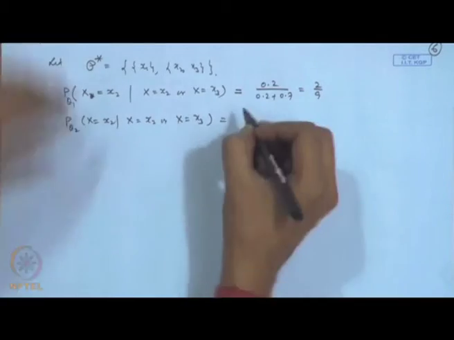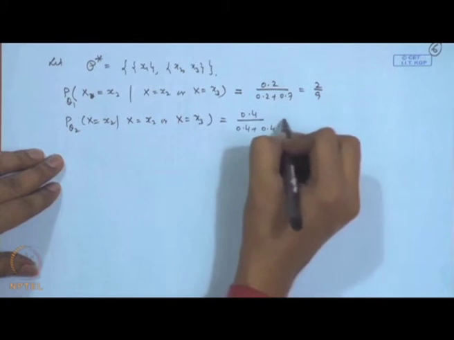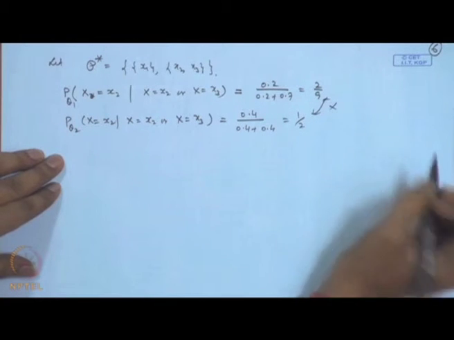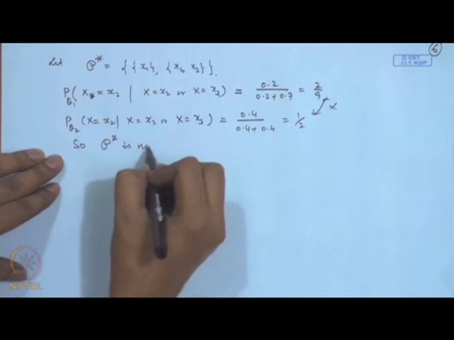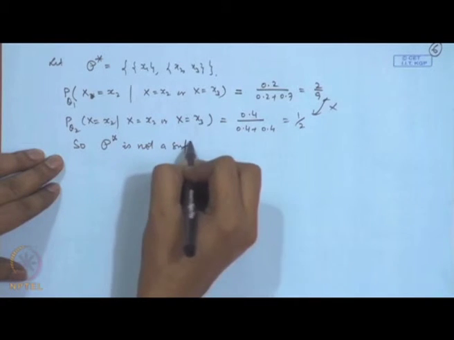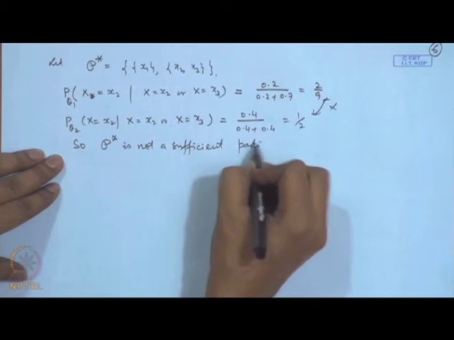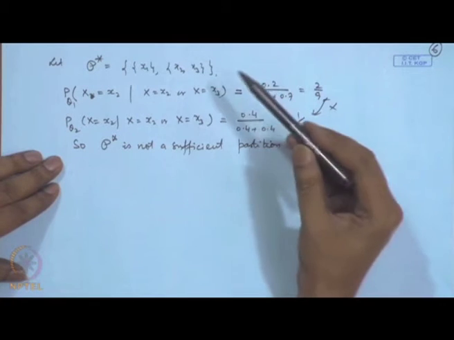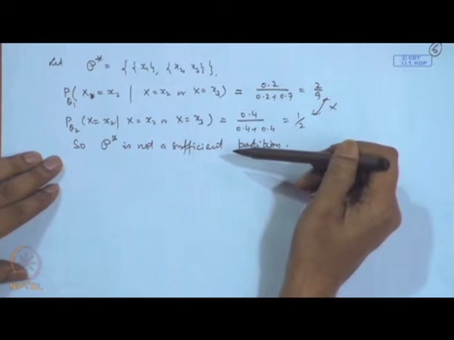So, this value will be turning out to be half. This is not same as this. So, p star is not a sufficient partition. Consequently, any statistic which will induce this partition will not be sufficient.